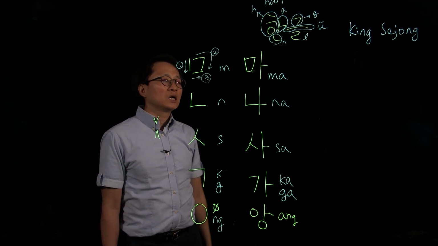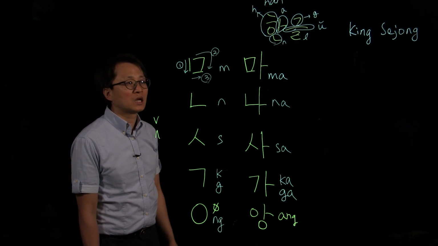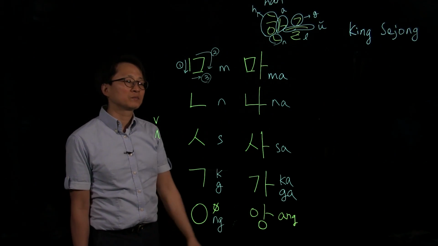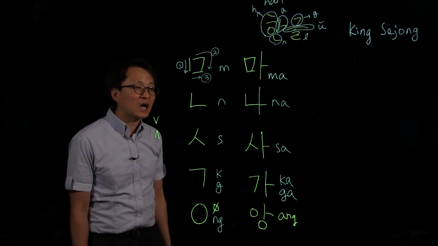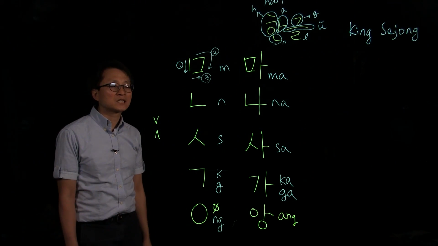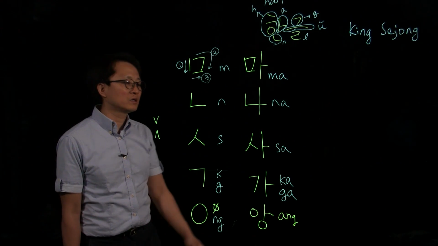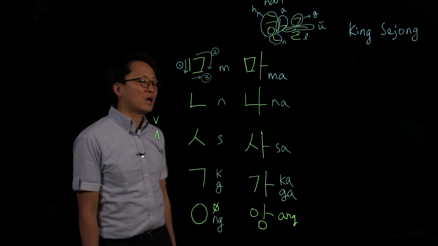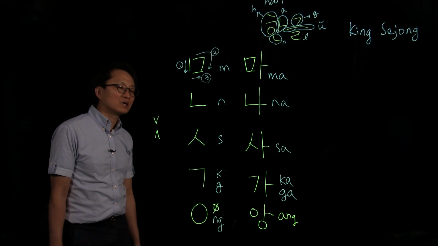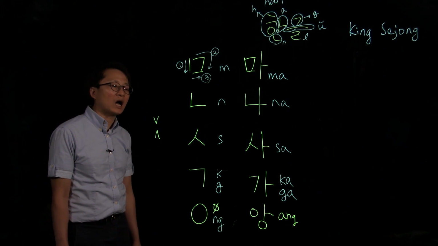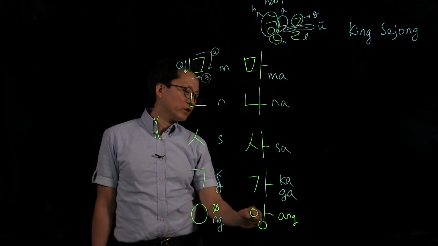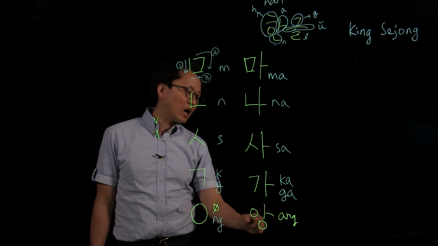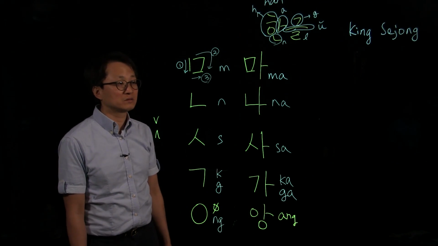This is na, na. And this one, sa, sa. Okay. And this one, ka, ka. And this one, we don't have sound value here. Ang, ang.